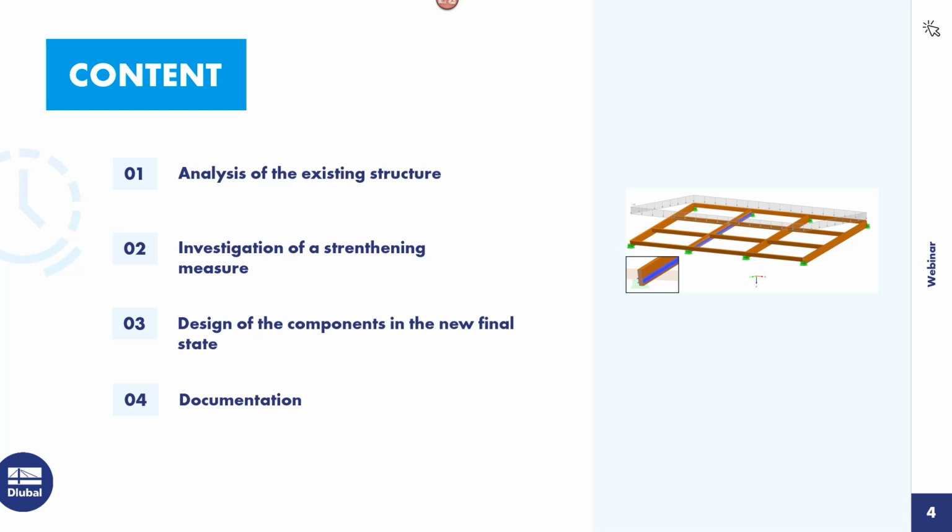In the third step, we want to design the new final state. And in the last step, we want to take a short look at the documentation. That's all for the theory, and we want to switch to RFEM 6.